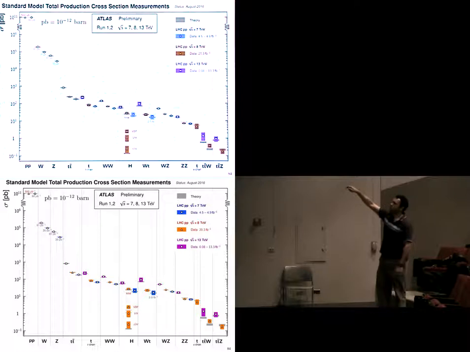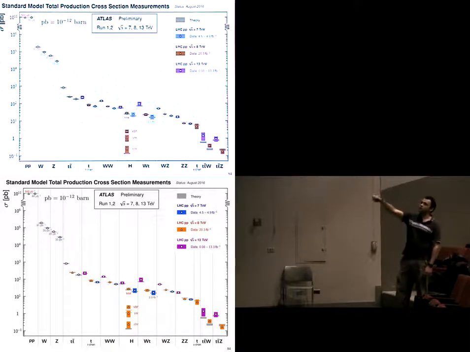So these colored bands are what we actually measure. Okay, so those are the measured values. And then these gray bands are the prediction from the theory. Okay, and you can see over many orders of magnitude here the comparison between what we measure and what we predict. And it's essentially dead on. I mean, there's almost no deviations here.